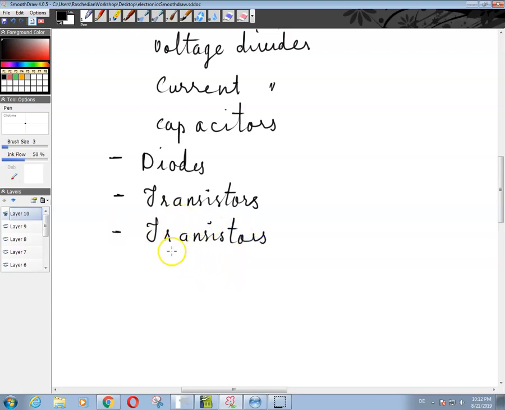Then we have some material about AC circuits.